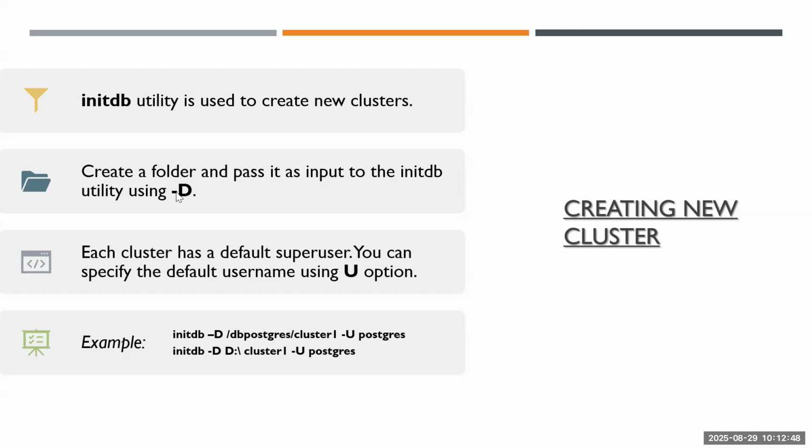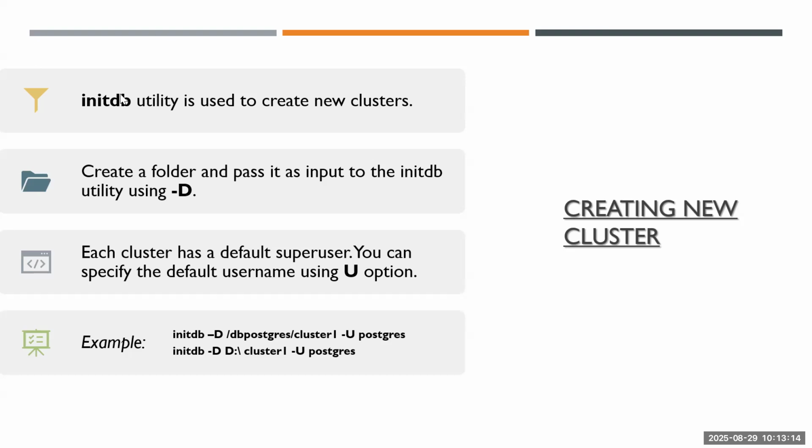These are case sensitive, sir. Please remember this when you are using any utilities, not only initdb, but pg_ctl, pg_dump, pg_dumpall, pg_revert. There are a lot of utilities that the Postgres people are providing, right? So when you use these utilities, make sure that all the parameters you are passing are case sensitive.